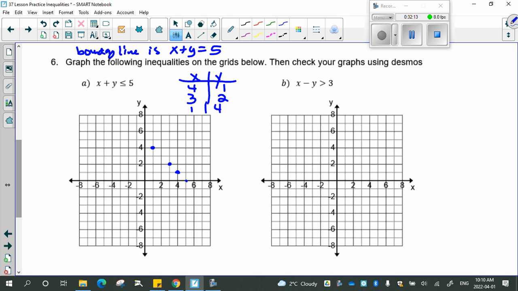Solid, good. So I drew my boundary line, I knew it was solid. Am I going to shade it below the line or above the line? Below.